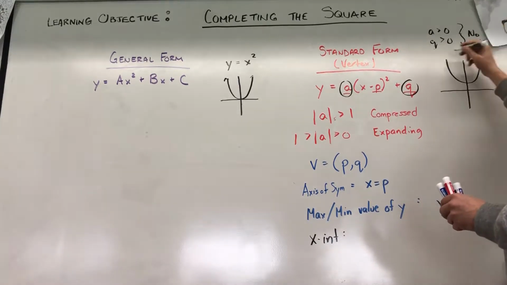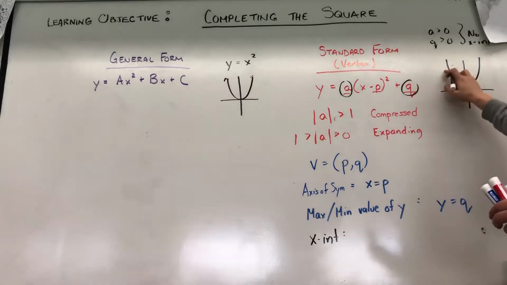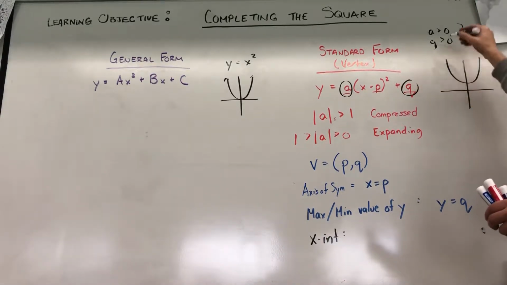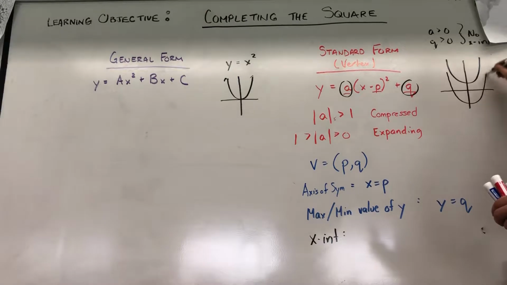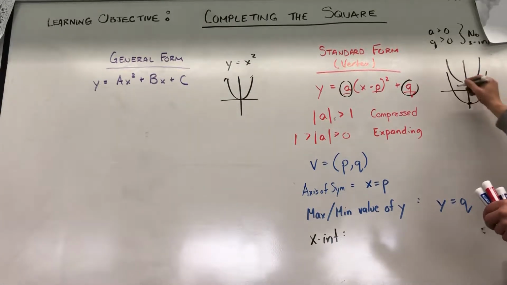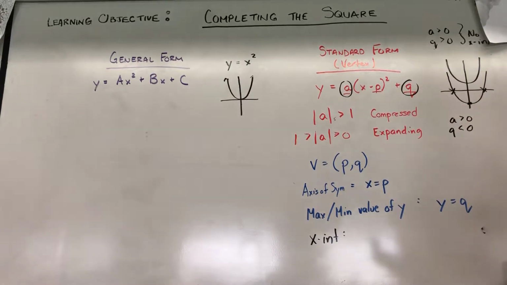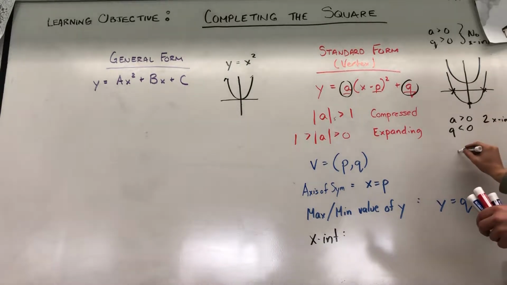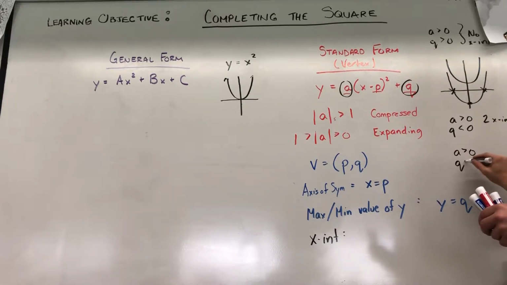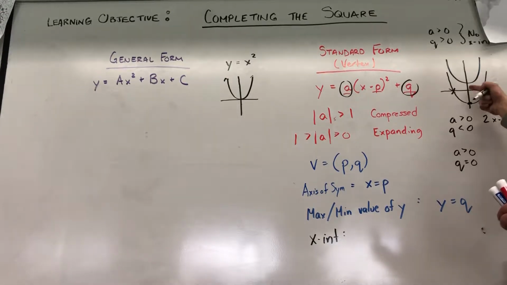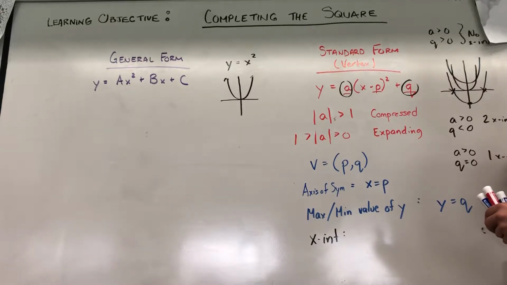Now, if we had a negative q and we're still opening upwards with a, then the negative q would bring us below the x-axis, which means we're going to cross there and there. So if a is greater than 0 but q is smaller than 0, we are going to have 2 x-intercepts.